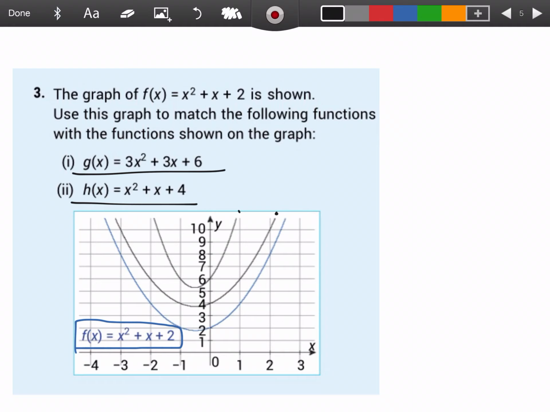The thing that we'd be looking at straight away is this part. For g of x, 3x squared. In the original one it was just x squared, so this one should be the narrowest, narrower than the others. So I would think that the top one here is the g of x. So if I write that there, g of x, that's representing this function.